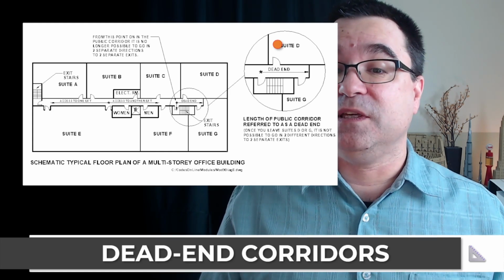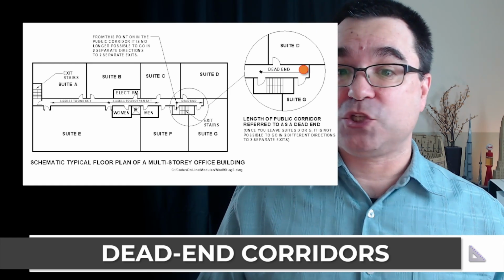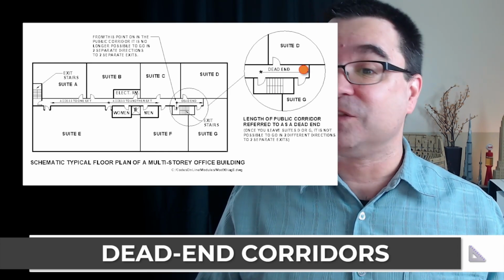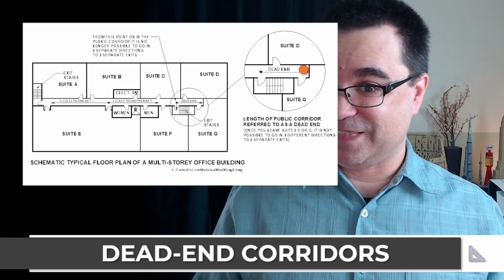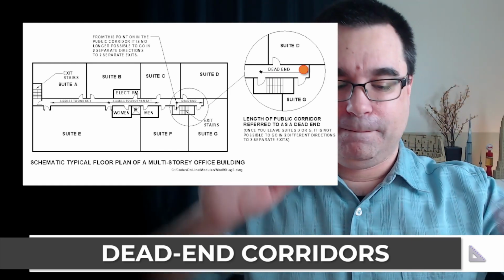You're in suite D. So if you get out of suite D and you turn one direction, you could possibly not go towards an exit stair or some kind of exit. You might actually hit a wall. And that's bad, right?